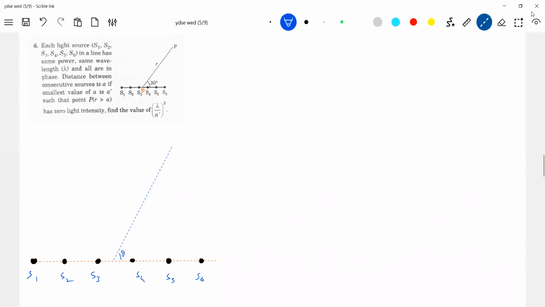So the phasor diagram, you look at the S2, S3 and S4. If this makes an angle theta, 30 degrees, the other will be 180 minus theta of the waves arriving here.